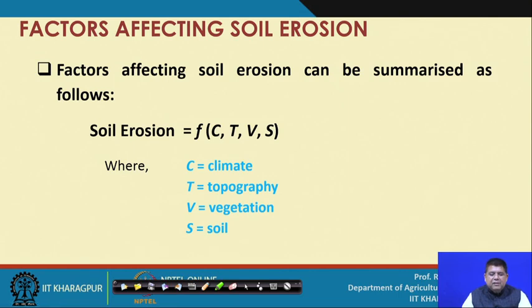So, it is a very easy way of remembering the factors that affect soil erosion. Remember, soil erosion is a function of C, T, V, S. And then in the subsequent slides, we will one after the other see how these factors affect soil erosion.